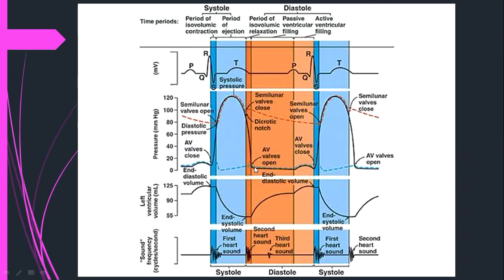Okay, so when the pressure is close to 0, your AV valve opens, and definitely the blood from, if I want to be more specific, the blood from the lungs flowing into the pulmonary vein and the left atrium will start filling up the left ventricle. And this filling phase is called passive ventricular filling, or ventricular filling.